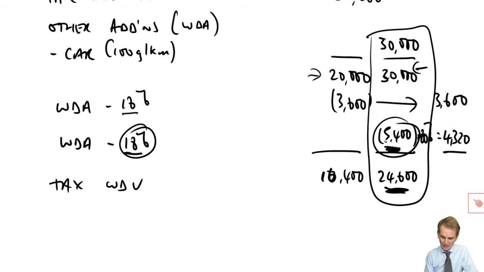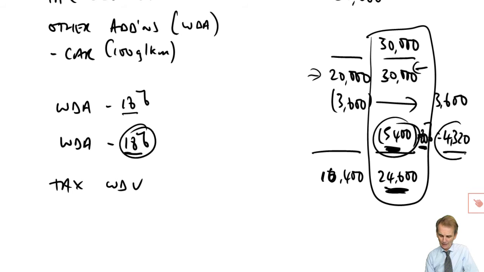Then restrict that 5,400 to the business use proportion of 80%. What that means is that the 20% of that £5,400 that is private use has now been removed permanently from the capital allowance computation.